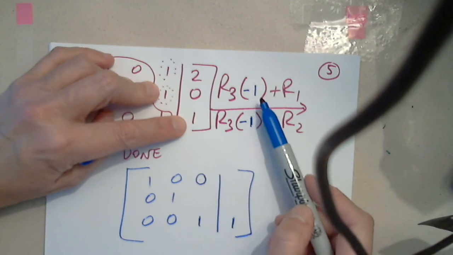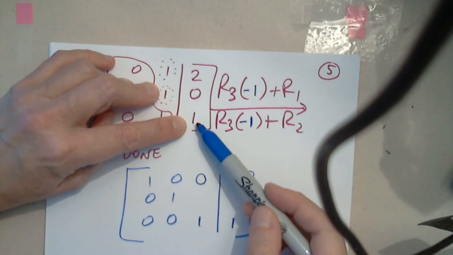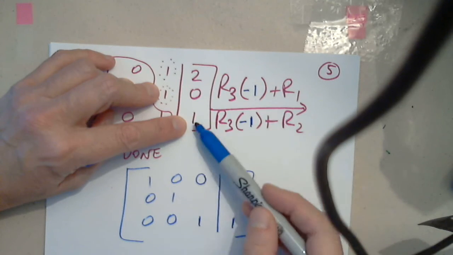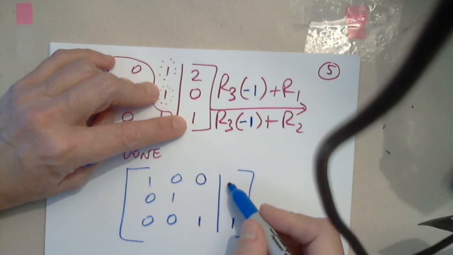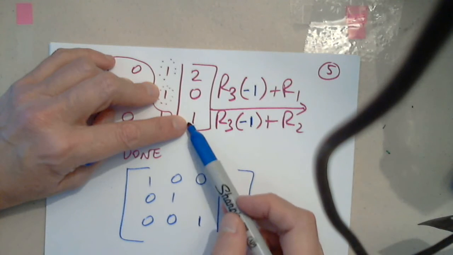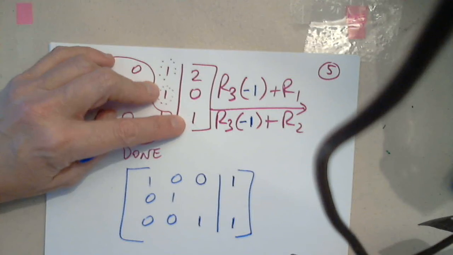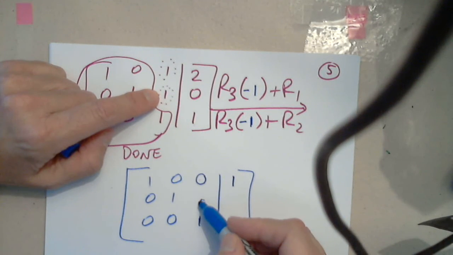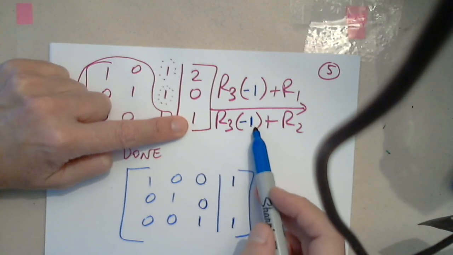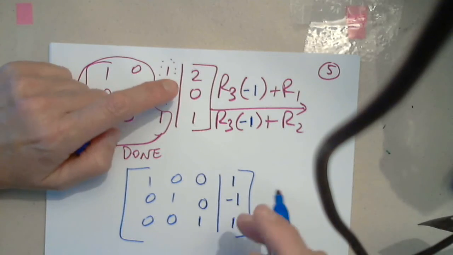So 1 times -1 and then plus 2. 1 times -1 is -1, plus 2 is 1. 1 times -1 plus 1 is the same, 0. 1 times -1 is -1, plus 0 is -1.